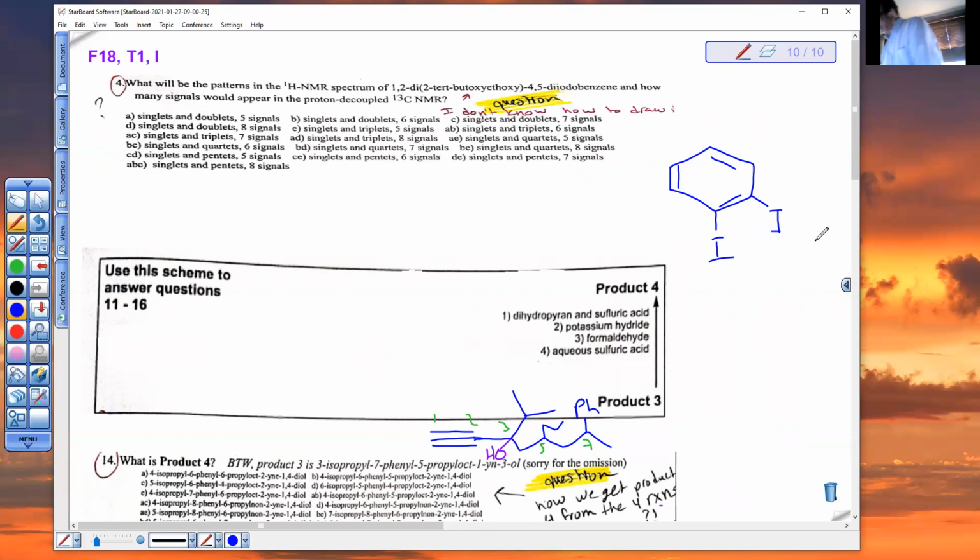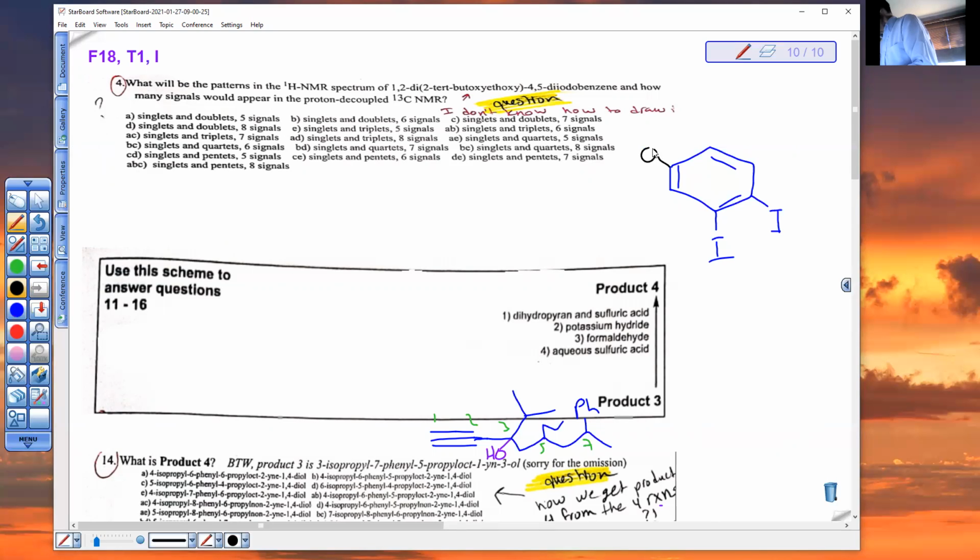Same group. So if we can do it once, you've got to draw on carbon 1 an ethoxy group. Remember, always start with the end. There's an ethoxy group on carbon 1 and on carbon 2.